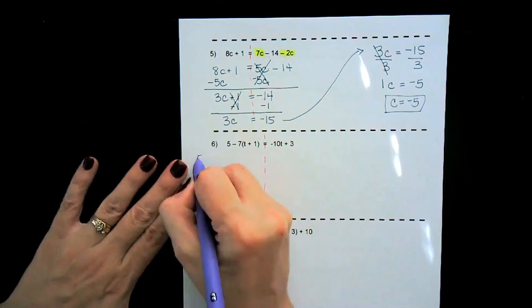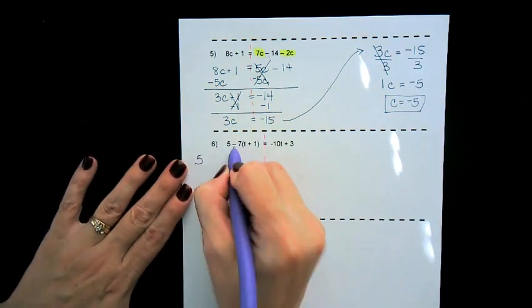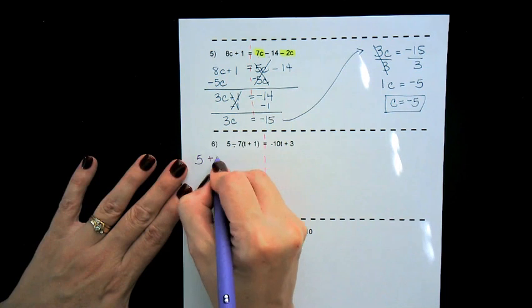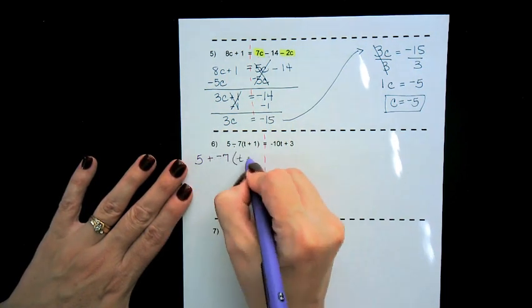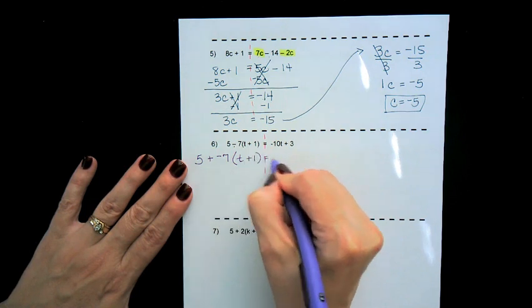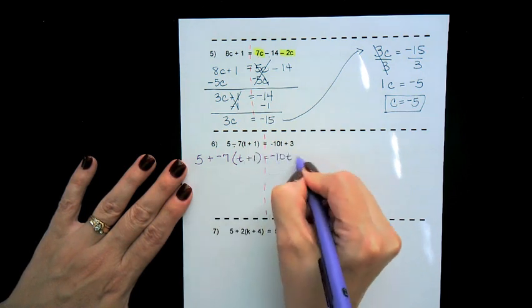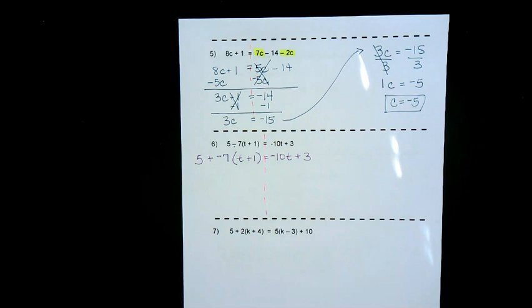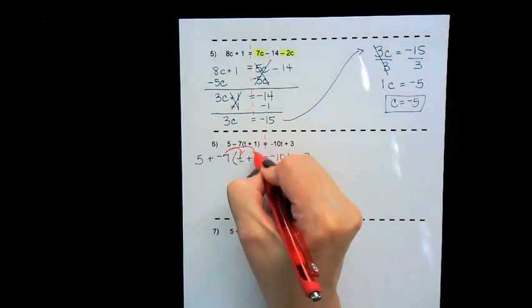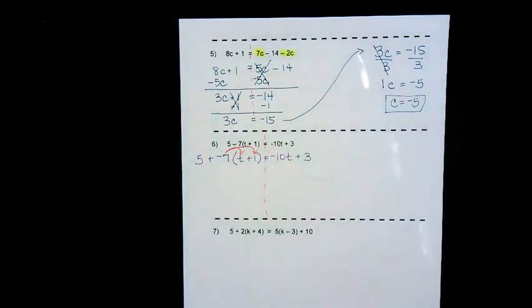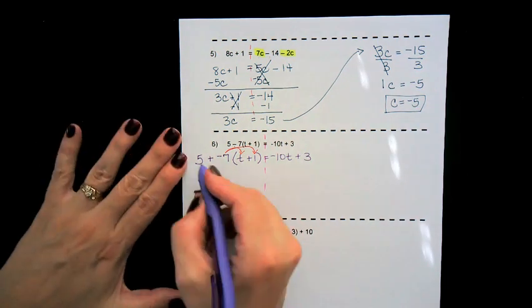Instead, I want them to change that minus to a plus and change the sign on the 7 so that it's easier for them to see that they're going to distribute a negative 7 rather than just a 7. They're going to distribute negative 7 here to the t, and they're going to distribute negative 7 to the 1. Now the 5 is going to stay out here in front.